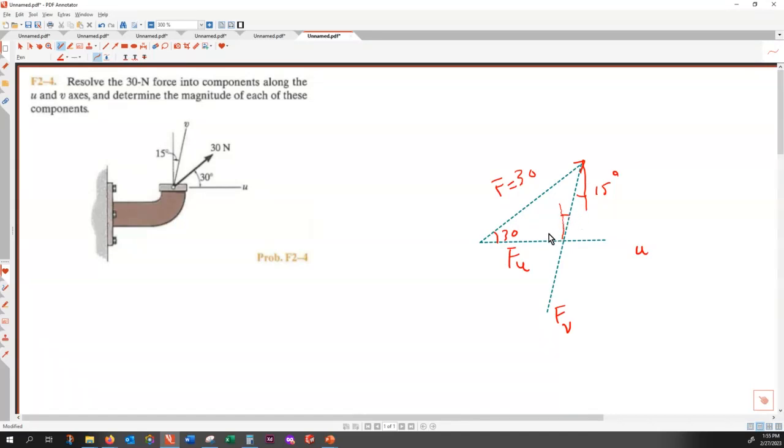So 90 degrees plus 15 degrees becomes 105, correct? So 105, 30, the next angle would be 135, take away from 180, that is 25.